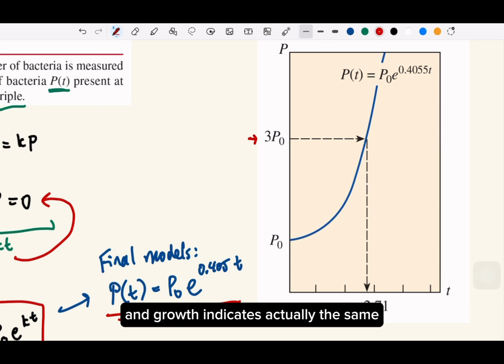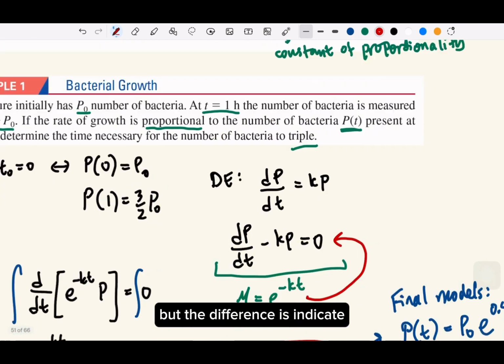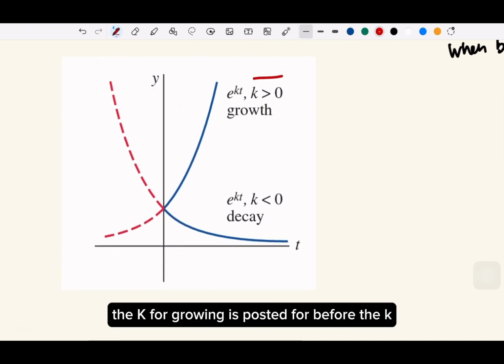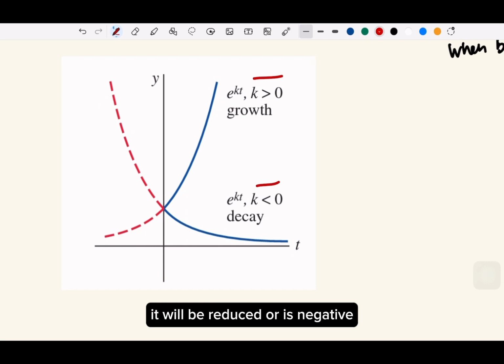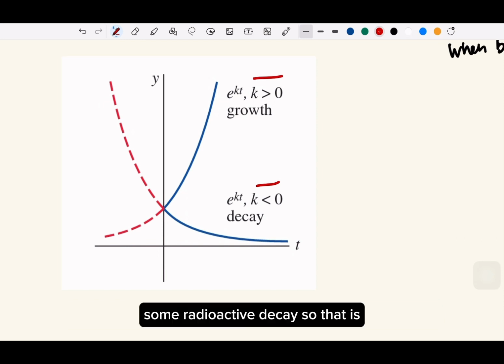Okay, and growth and decay are actually the same simulations, but the difference is in k. The k for growing is positive, but for decay it will be reduced, or it's negative. So it depends on what the condition is. We are going to be able to simulate, for example, population growth, or perhaps some radioactive decay.